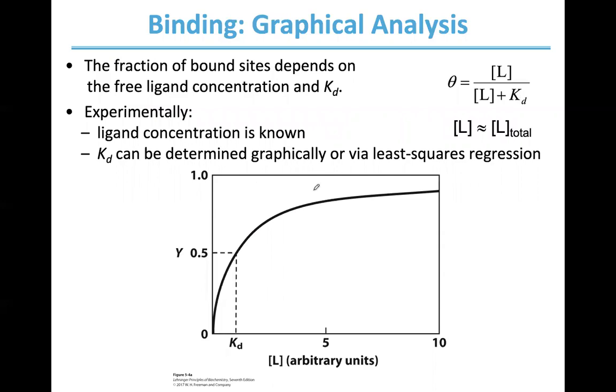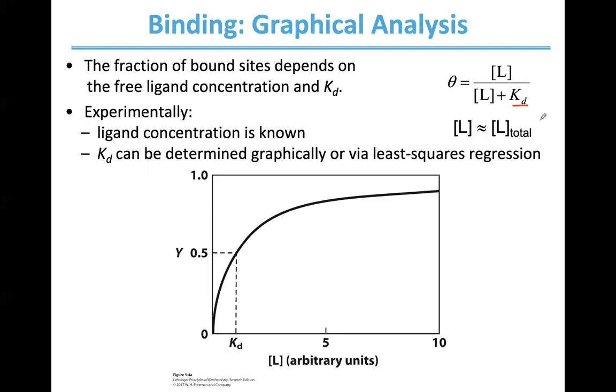And obviously, you can achieve that if your KD is close to 0, which tells you the smaller the dissociation constant, the higher the amount of the bound sites. So the ligands with high affinity will have low KD values.